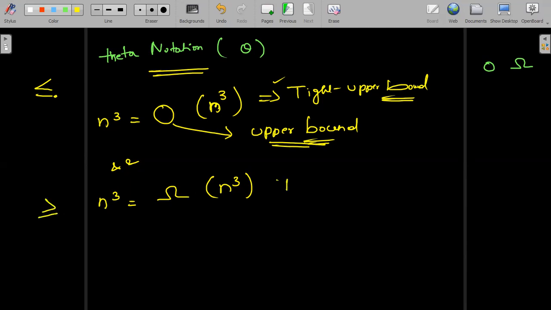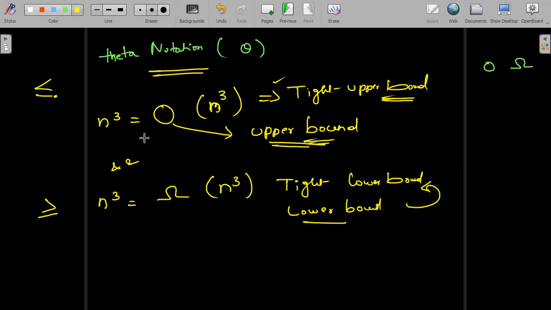So that's why I say this is a tight lower bound. One condition is satisfied for equal, and one more is satisfied for greater than. After that, all the values are going to satisfy. Basically, it's a lower bound, and that is the reason why it becomes a tight lower bound. You have to understand that very carefully.